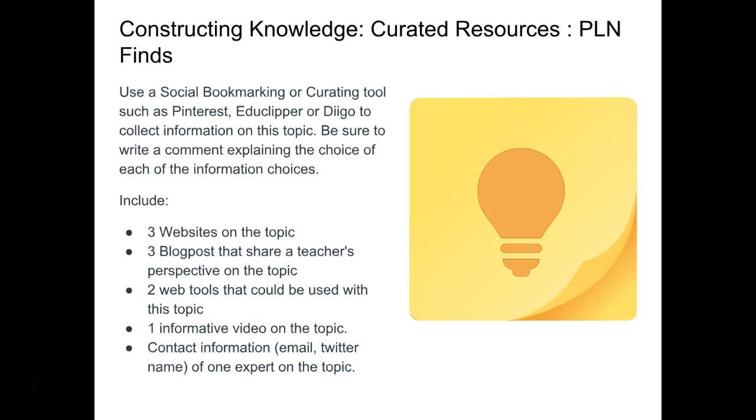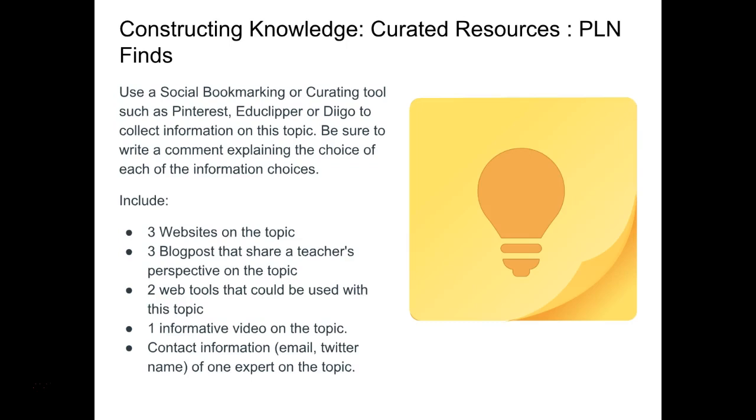Okay? So for this project, you have your topic. You're going to come up with your topic, and then you're going to be looking for 3 websites, 3 blog posts, 2 web tools, 1 informative video, and contact information. I'm going to keep these guidelines here because I want you to stretch yourself to try to find those things.